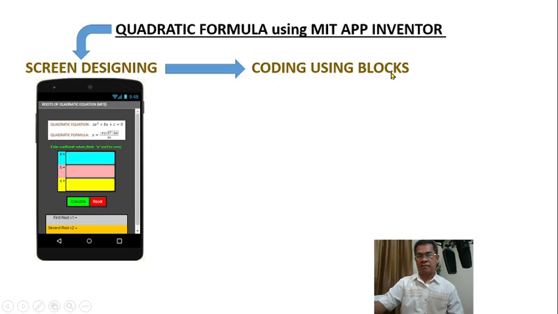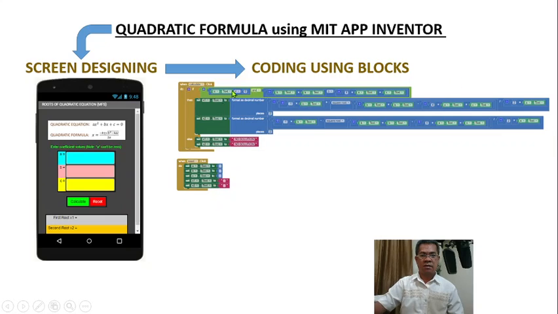If you cannot insert it, we call that a syntax error. So these will be the blocks that we need for the quadratic formula, and we have to do it now from scratch. After creating the screen design, we have the coding, the programming part.